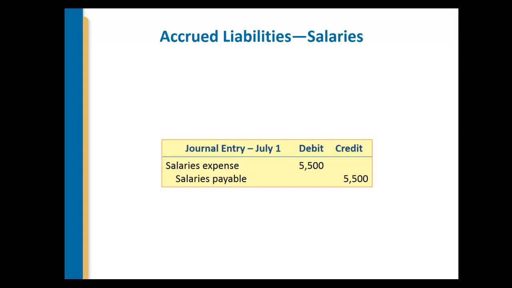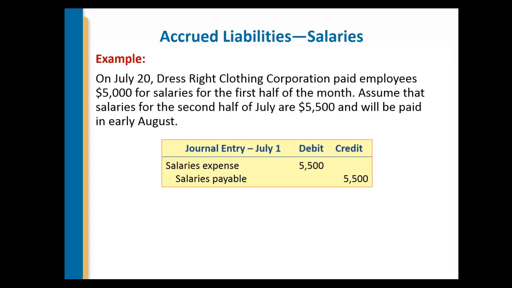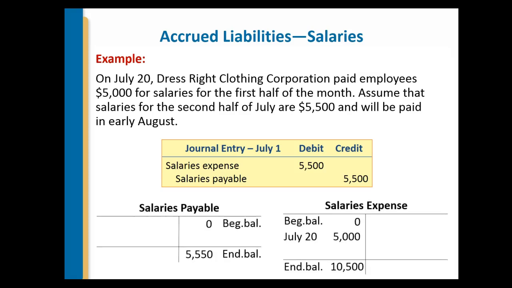Now, on July 20th, the company paid employees $5,000 for salaries for the first half of the month. So salaries for the second half of July aren't going to be paid till August. Nevertheless, the company incurred an expense in July for services provided to it by its employees. There exists an obligation at the end of July to pay the salaries earned by the employees.